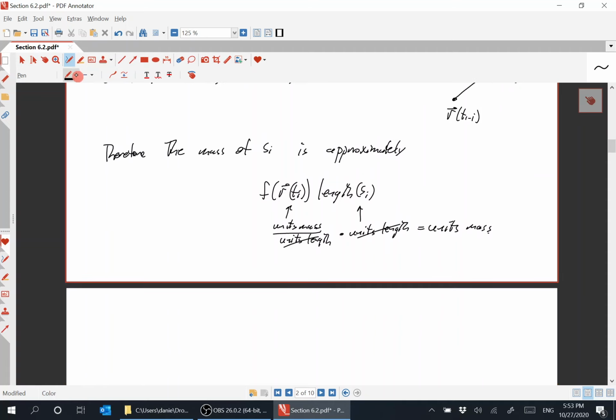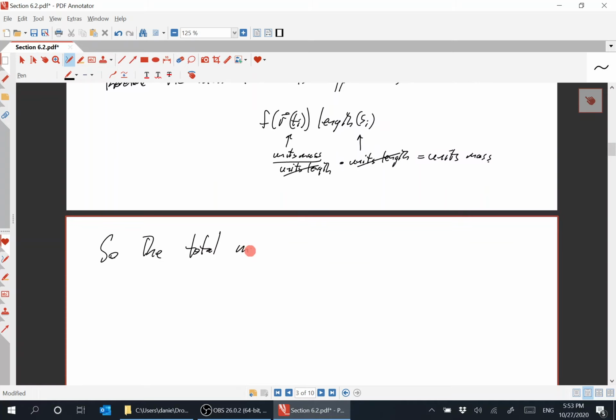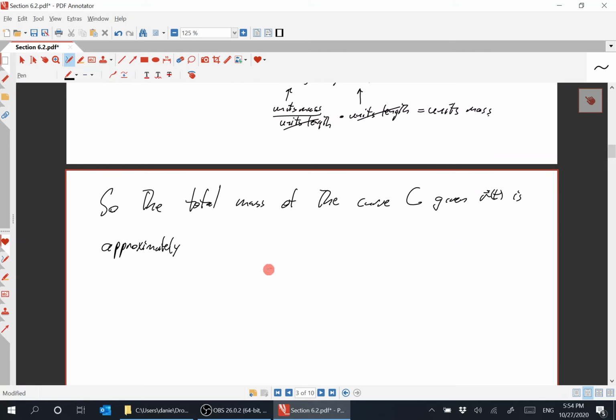So the total mass of the curve C, given by r of t, is approximately the sum of the masses of the segments.